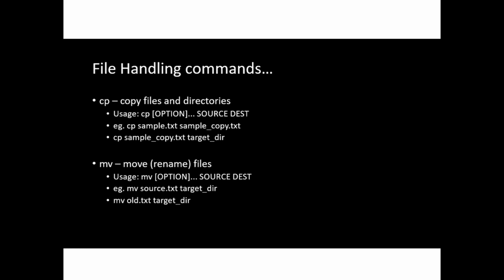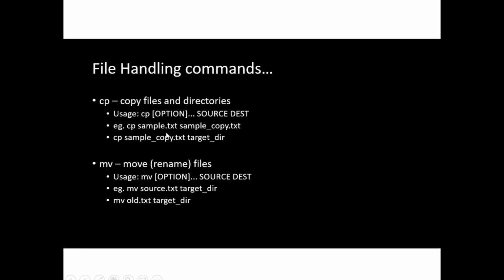The same way, cp is there to copy files and directories. You can copy one file to another. The syntax is cp space source file, then space destination file. Do mention the extensions or the file type.